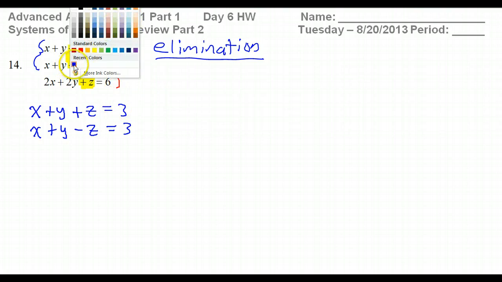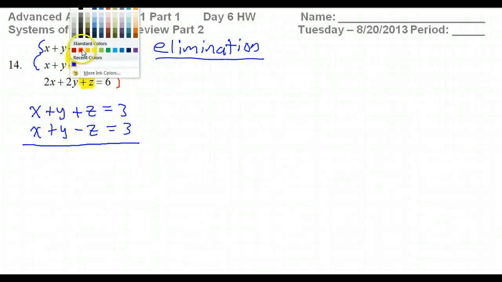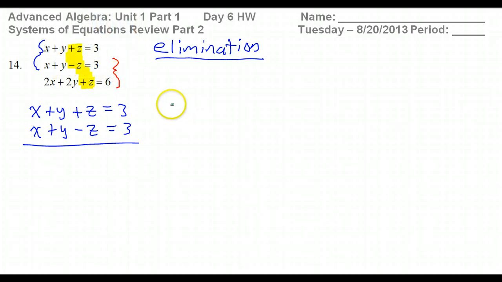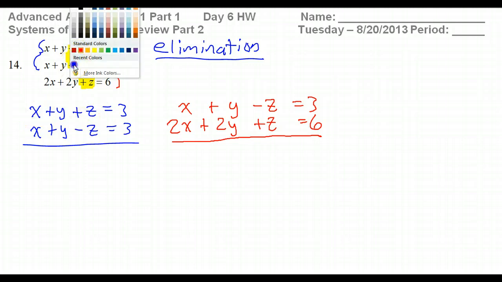Let me set up the second pair, which I will show in red, looking at this bracket. So that would be x plus y minus z is equal to 3, and 2x plus 2y plus z is equal to 6. So these are the second two equations. Now, the z's are already opposite, so I don't even need to multiply. I can just start combining like terms.